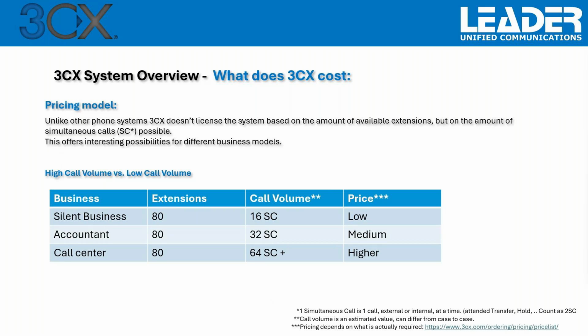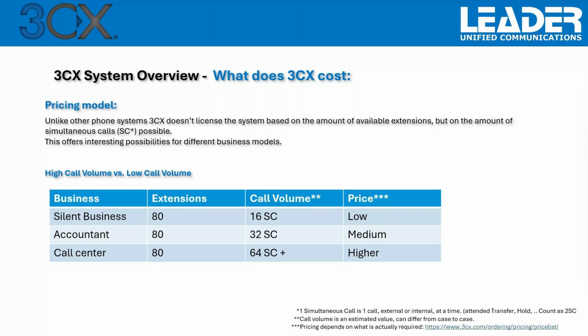Then we might have an accountant business with the same amount of extensions and 32 simultaneous calls, or we can have a call center with 80 extensions and a call volume of, for example, 64 or even more simultaneous calls.